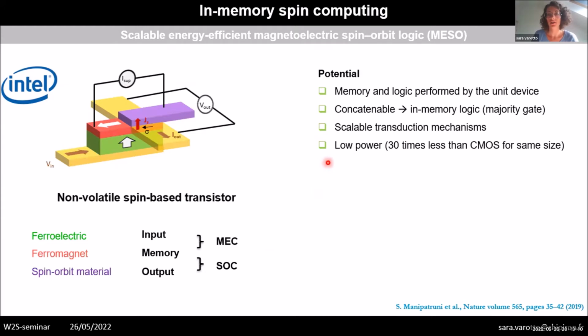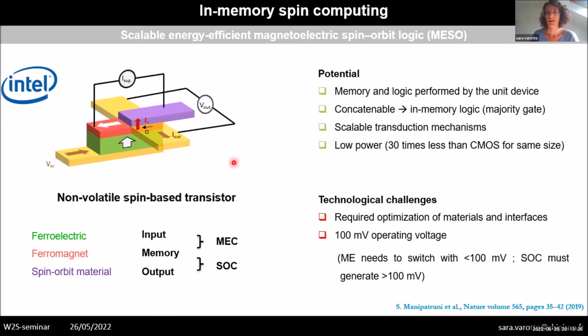And in fact, they show that we can reach 30 times lower power consumption compared to CMOS for the same size. So all this is nice, but this device has not been achieved yet. And this is also related to some technological challenges that are related to the structure itself. In fact, the structure is even more complicated than what is shown in these schematics.